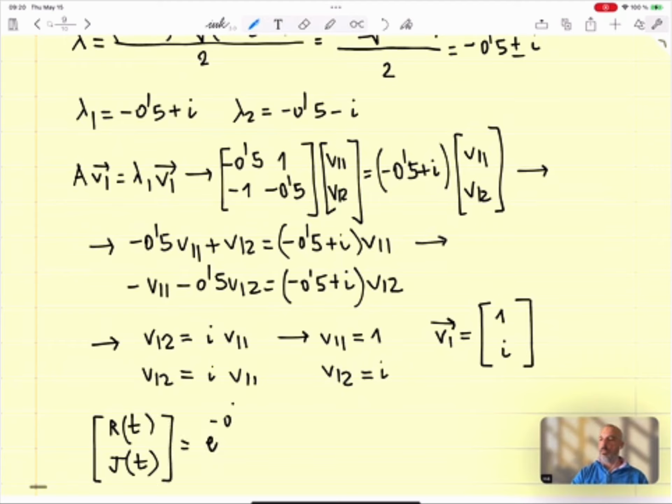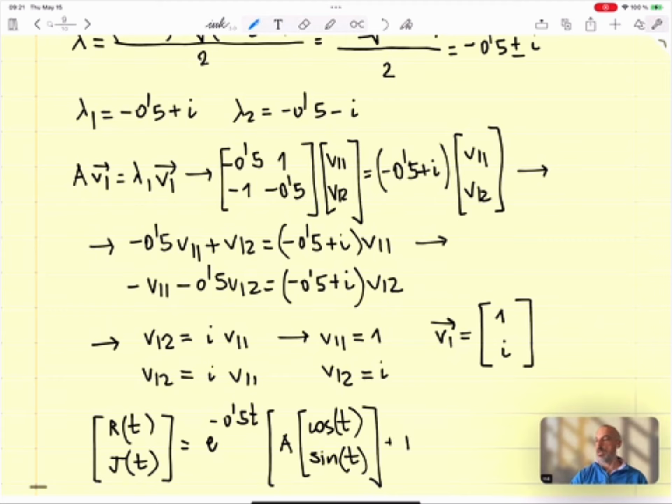Exponential of minus 0.5t, and then a constant a times (cosine of t, sine of t), plus a constant b times (minus sine of t, cosine of t).